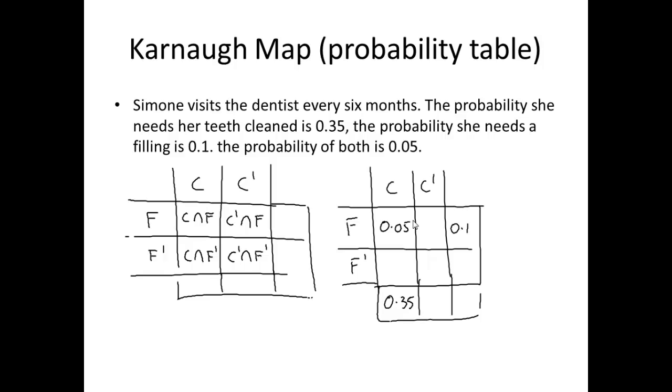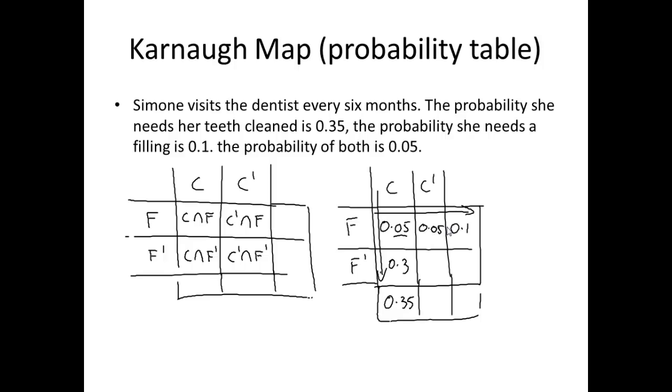We can work out the remaining values by saying, well, this column has to add to equal 0.35. We've already got 0.05, so this has to be 0.3. This row has to add to equal 0.1. We've already got 0.05, so there's going to be 0.05 there.